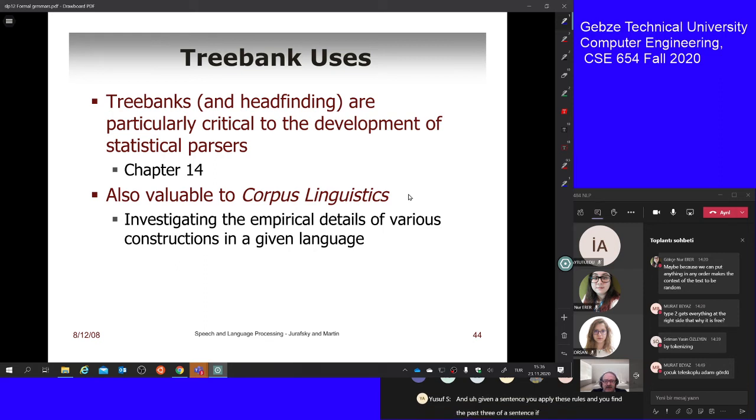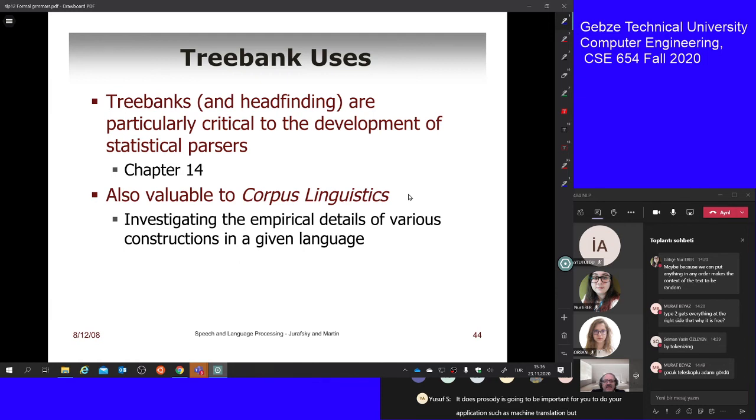If you can find a parse tree, then that means that the sentence is within the rules of that language. If you cannot, then that sentence is not in the language. If you find a parse tree, then that parse tree is going to be important for your applications such as machine translation.